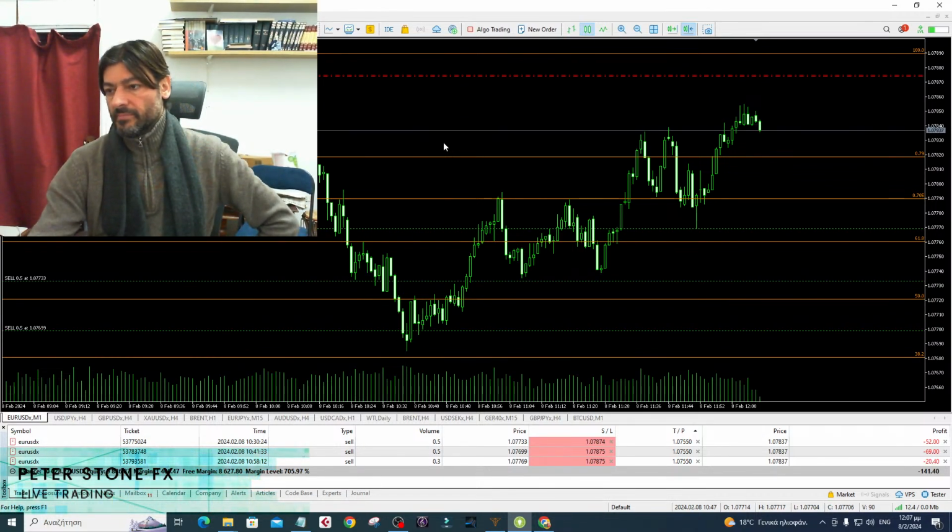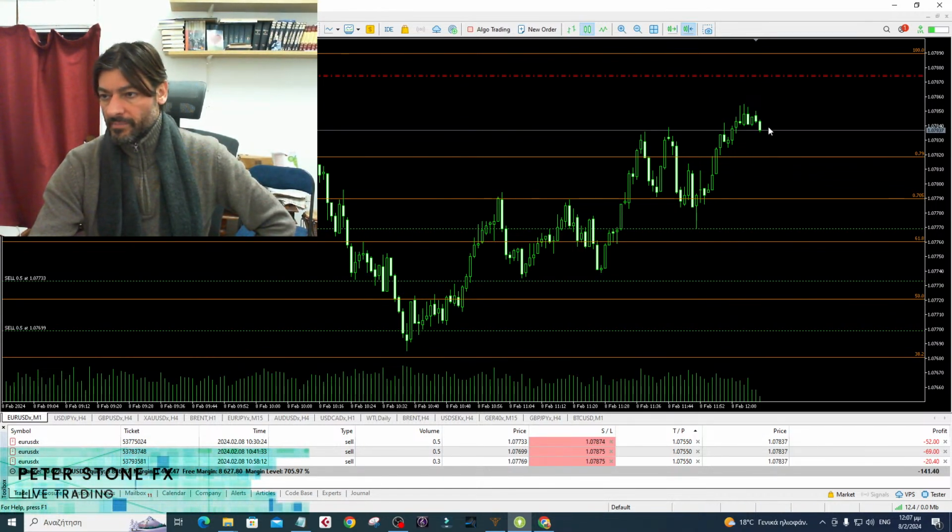Okay, this is repricing. This might be a fake breakout for this more consolidation box.